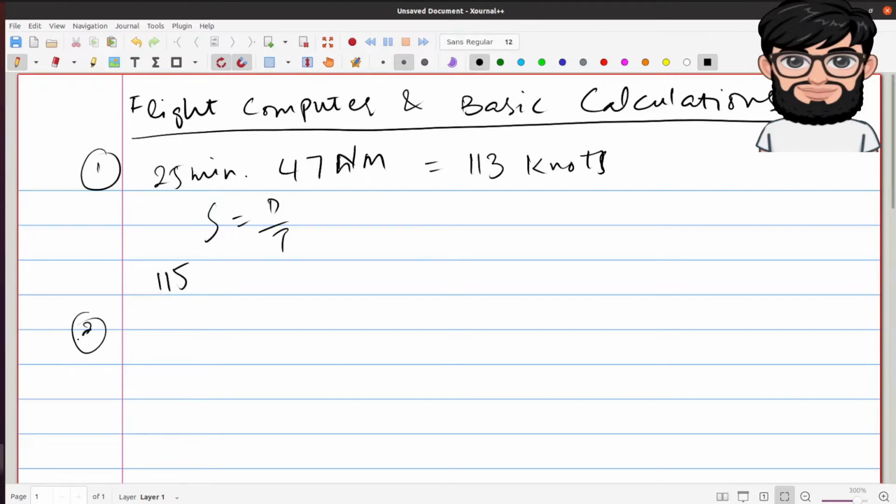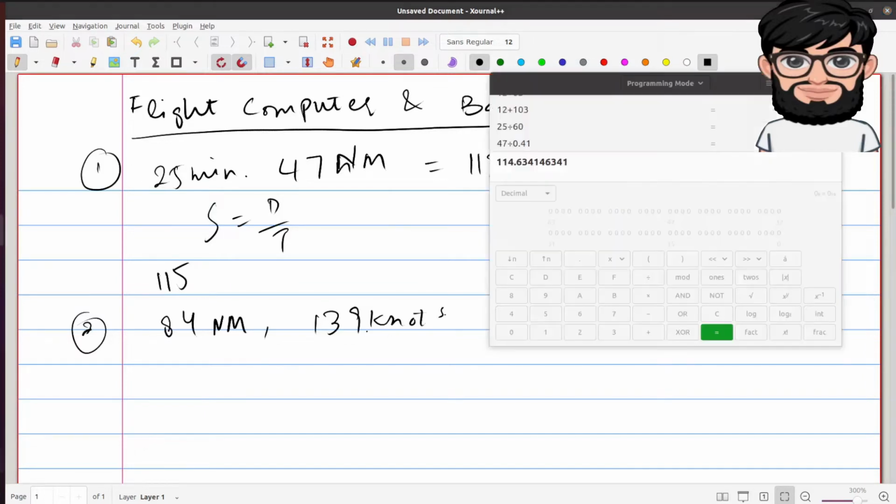Similarly, what if you have covered 84 nautical miles, and you have been flying at 139 knots? So how much time have you flown the airplane?